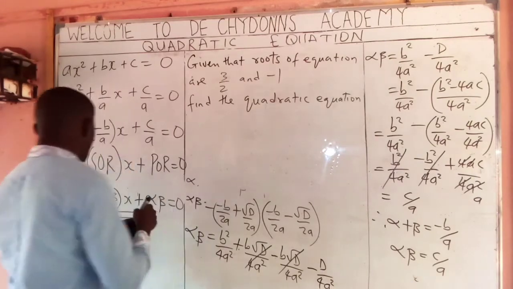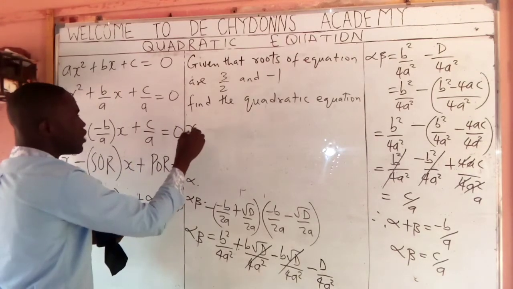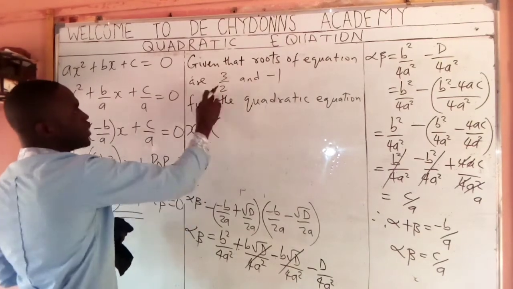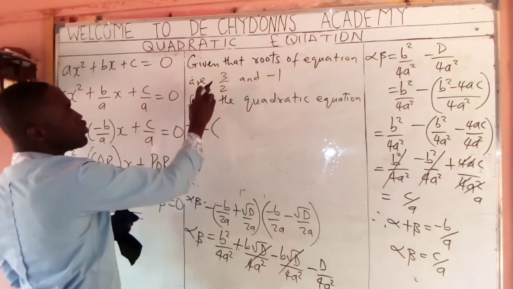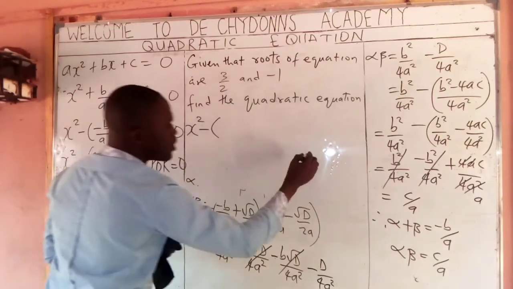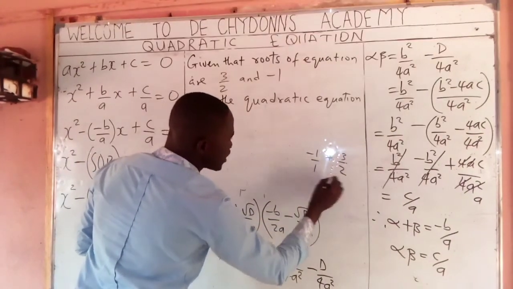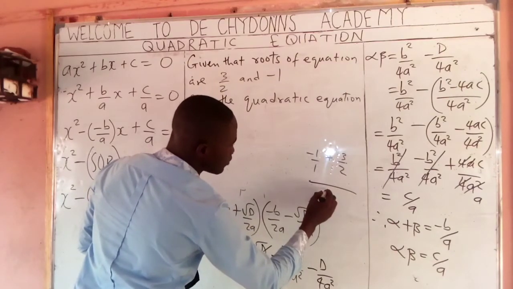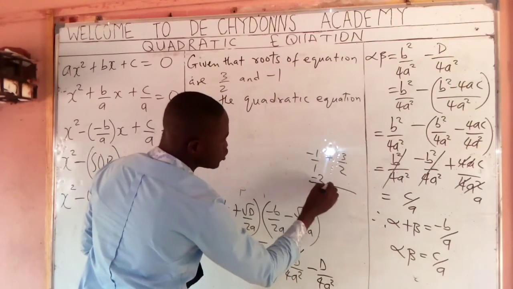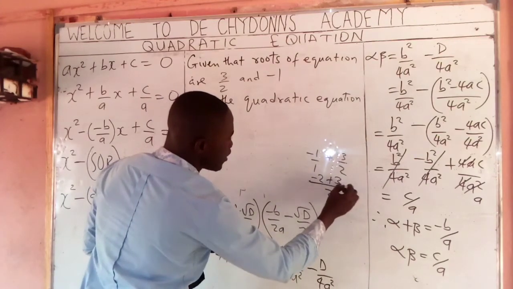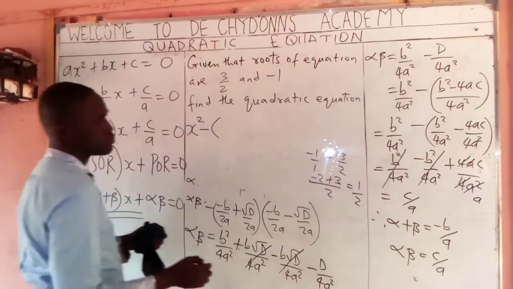Then what you just do is say the quadratic equation is x squared minus, what is the sum of the roots? Sum of the roots means add these two together. Minus 1 over 1 plus 3 over 2. That will be giving me what? Minus 2 plus 3. That will be giving me 1 over 2.